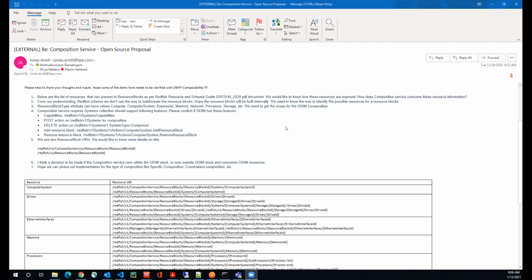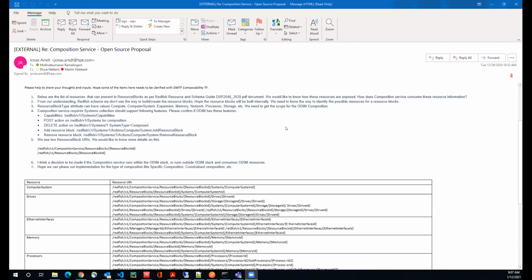I only have the 2020.3 release, but I don't think anything's changed. If you look at the URI signatures on this page, resource blocks are just the namespace, and within those you have different kinds of resource definitions, right? Computer system is just one flavor of a resource block. That's kind of how I see it.